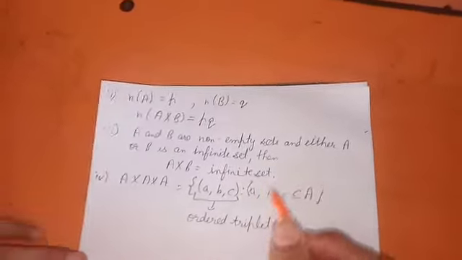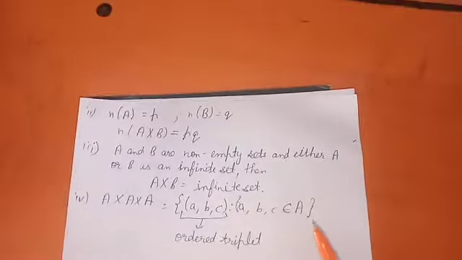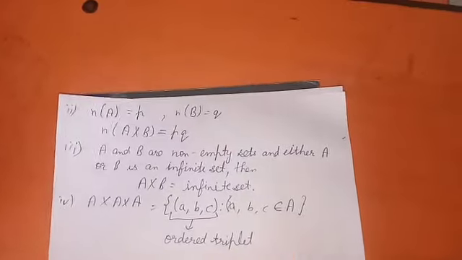When there were two, it was called an ordered pair. When there are three, it is called an ordered triplet.